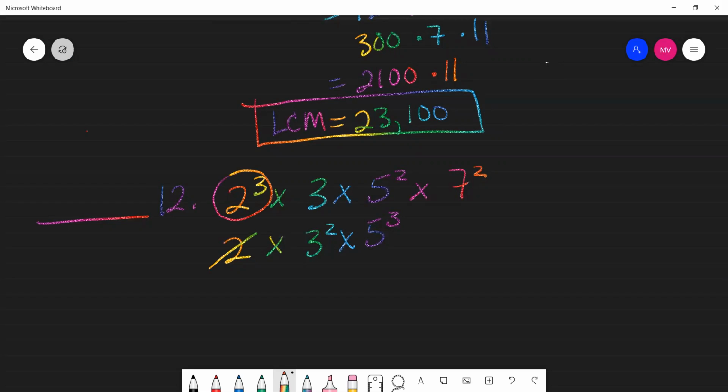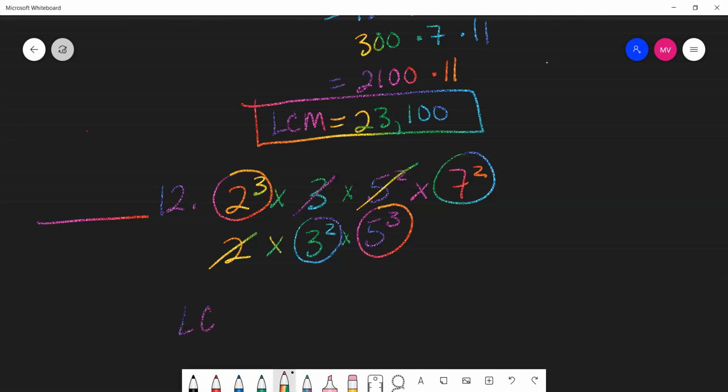If we look at our 3, and these are multiplication, I kind of make them look like variables. All right, the largest with the base number 3 is 3 squared. So that's going to be part of our least common multiple. 5, we have 5 squared and 5 cubed. 5 cubed is our bigger one, so that's the one we're going to use. And then we've got to use this 7 squared as well.